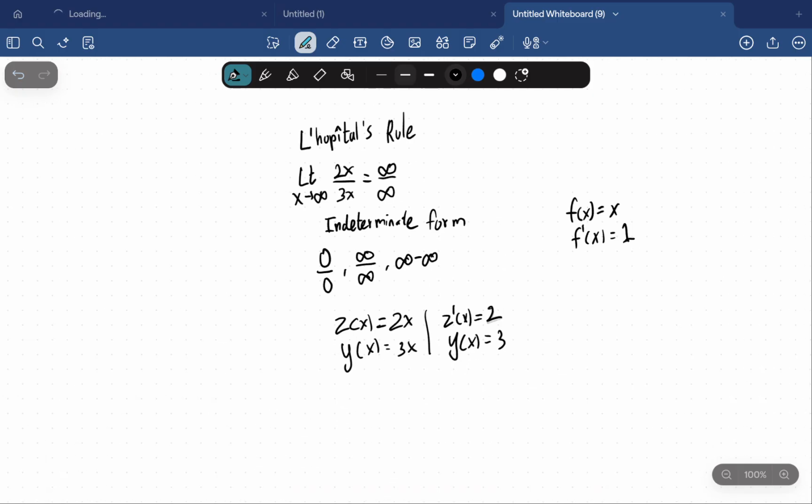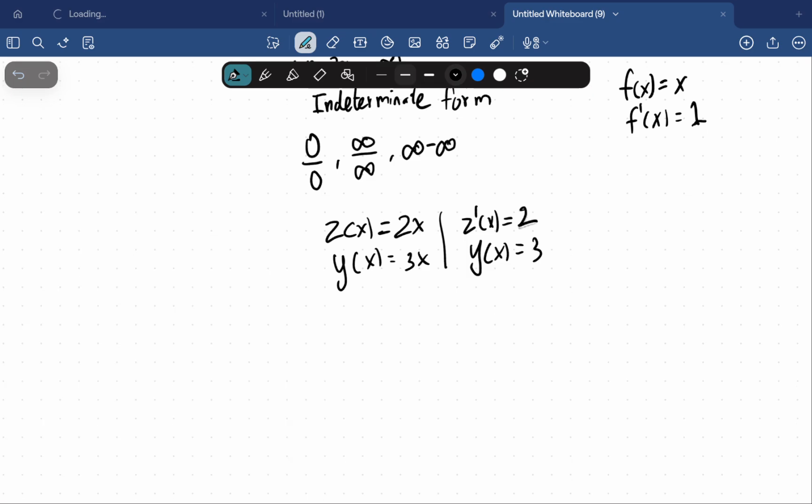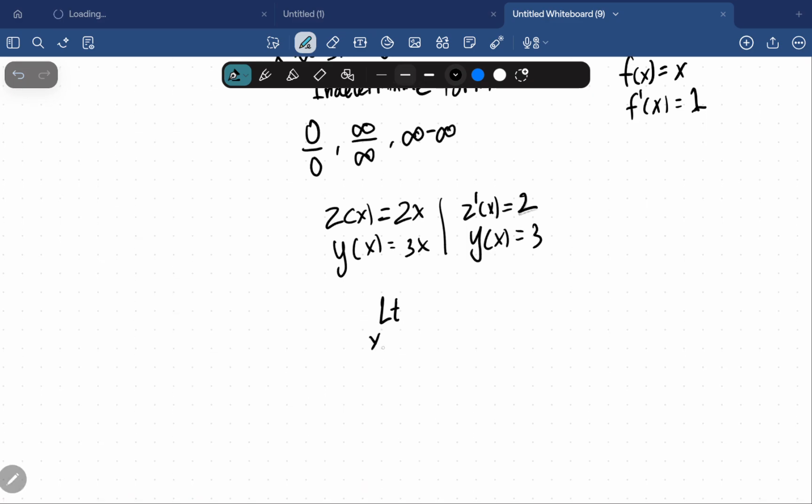Now we're going to plug this back into the limit and evaluate it again. Limit as x reaches infinity of 2 over 3.